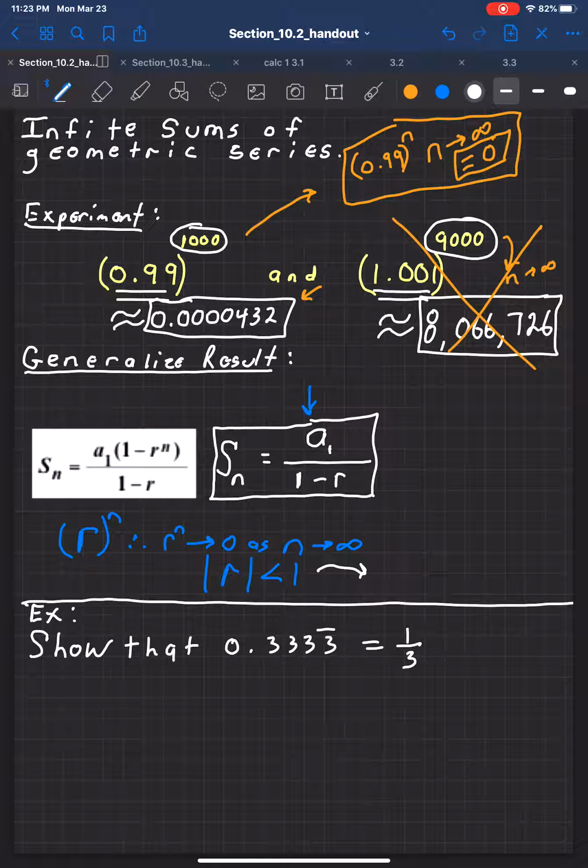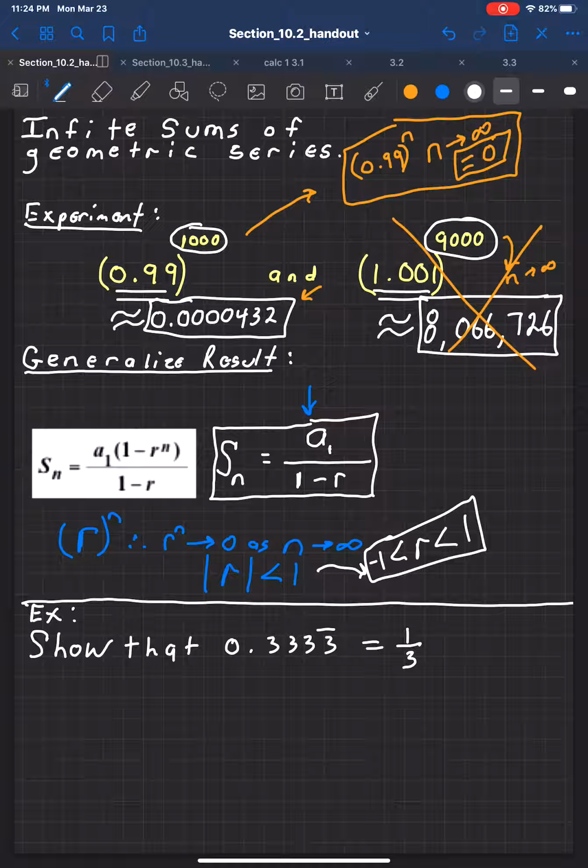All that's really saying is, look, if your r value is somewhere between -1 and +1, if it's a fraction, like a half or -1/2, then if n is going to infinity, r to the n is going to 0.